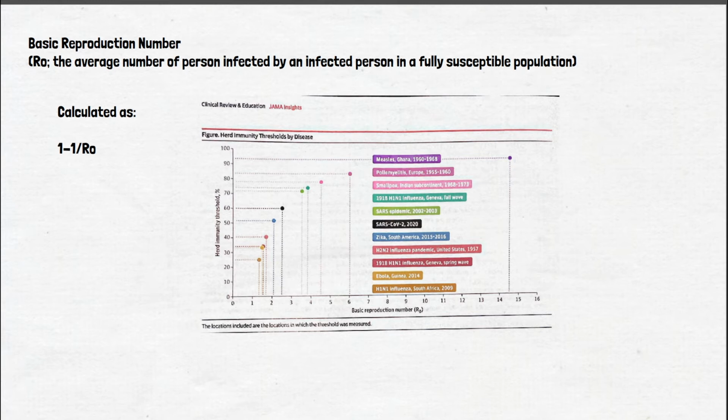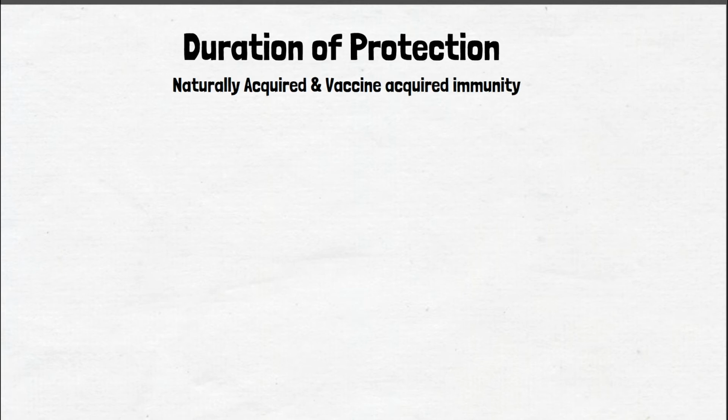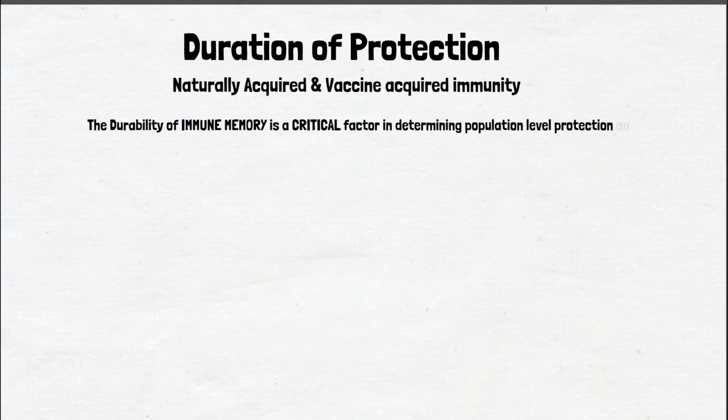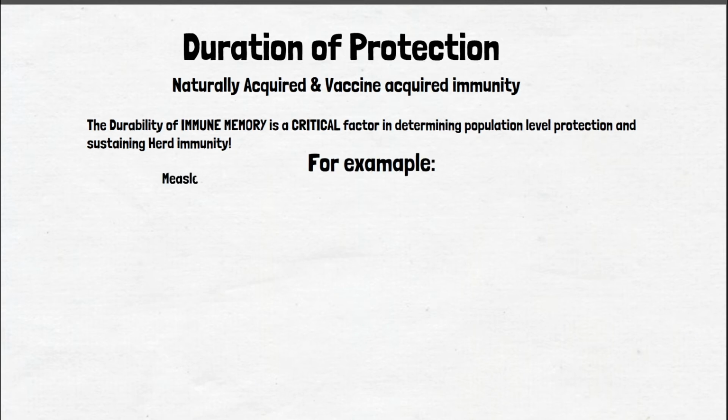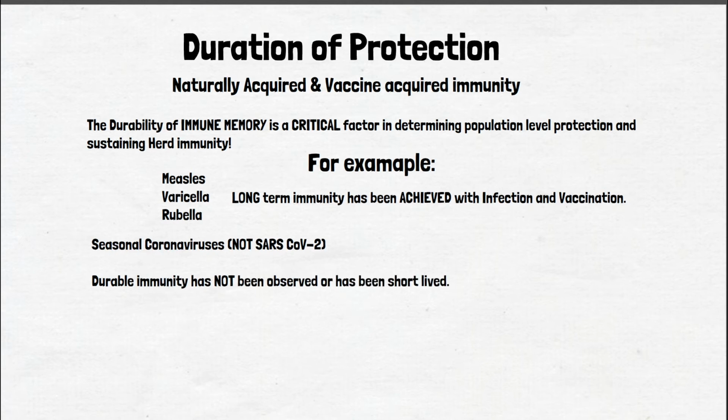Which takes us to the next thing, duration of protection. Obviously, for both naturally acquired and vaccine-induced immunity, the durability of immune memory is a critical factor in determining population-level protection and sustaining herd immunity. As we saw from the graph, in the case of measles, varicella, and rubella, long-term immunity has been achieved with both infection as well as vaccination. Unfortunately, with seasonal coronaviruses, that's not coronavirus 19, durable immunity has not been observed or has been very short-lived.